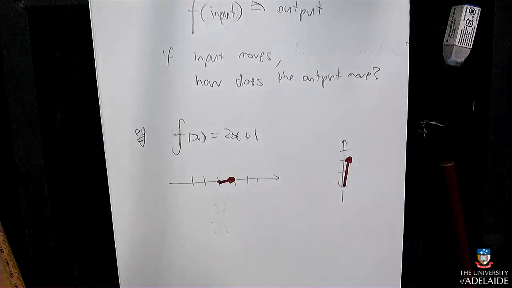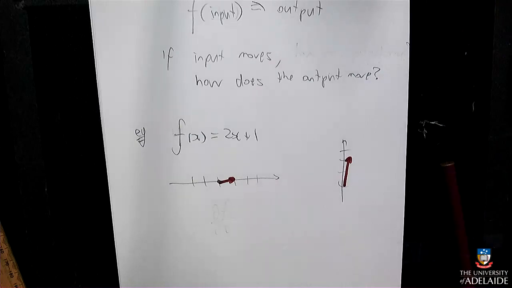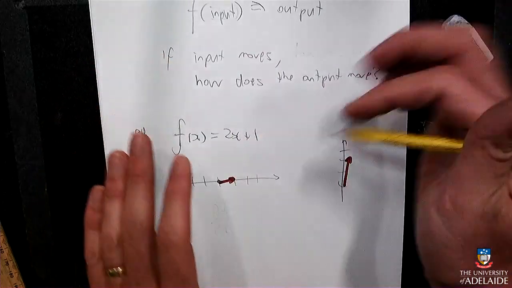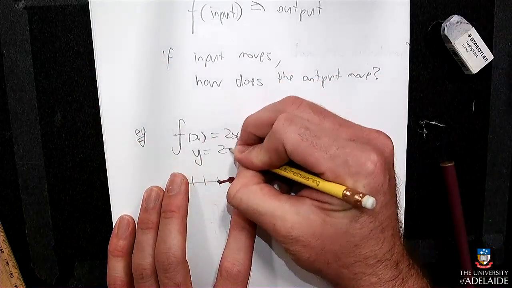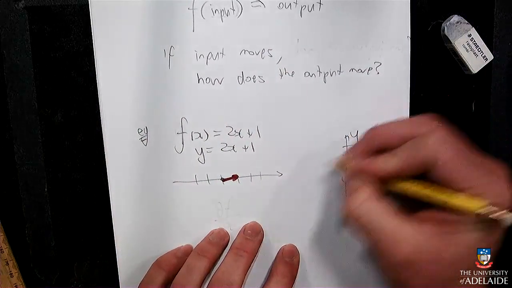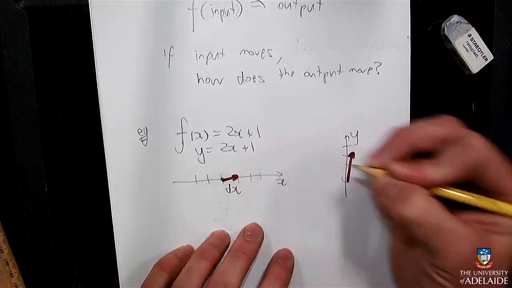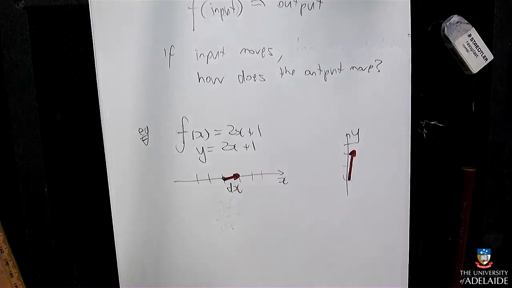Just want to say something. So the things I've drawn here are what is referred to with those d's when you do a derivative. So I'm just going to actually call this y if you don't mind. This is a change in x. The d stands for difference. A difference in x.